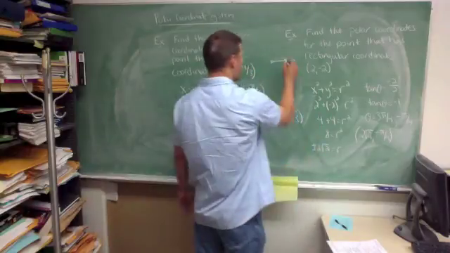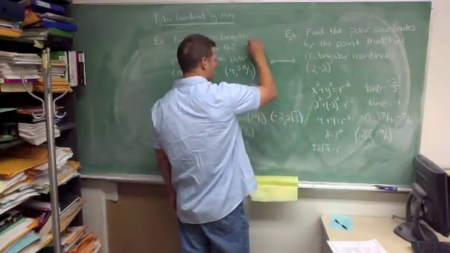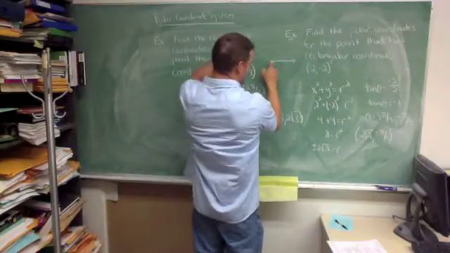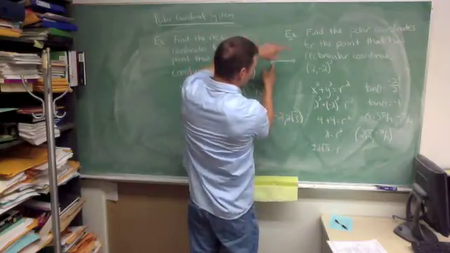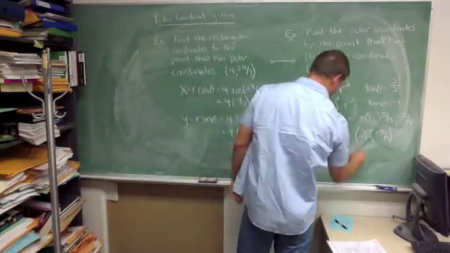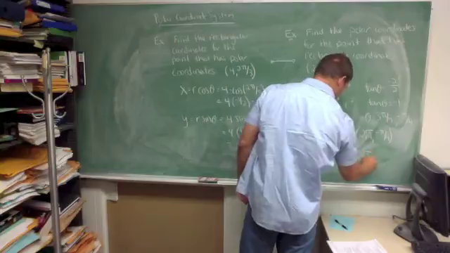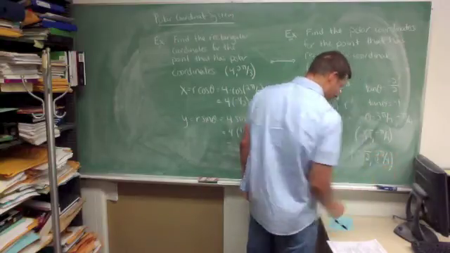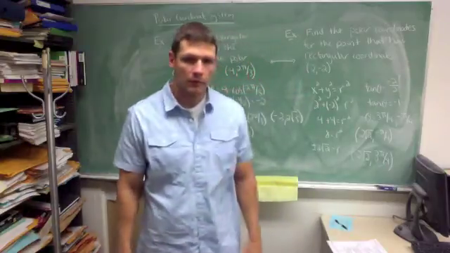But if I do 3 pi over 4, I'm in quadrant 2, but I need to be in quadrant 4, so I'm going to take that r value, negative 2 root 2, with that 3 pi over 4 to get it. Negative 2 root 2, 3 pi over 4.